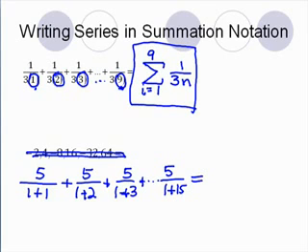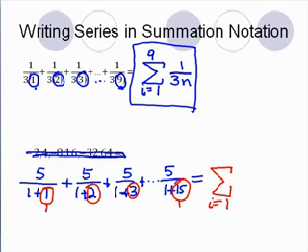So we can identify right away, this is going to be our variable. So we get sigma, and then our index i is going from 1 to 15.